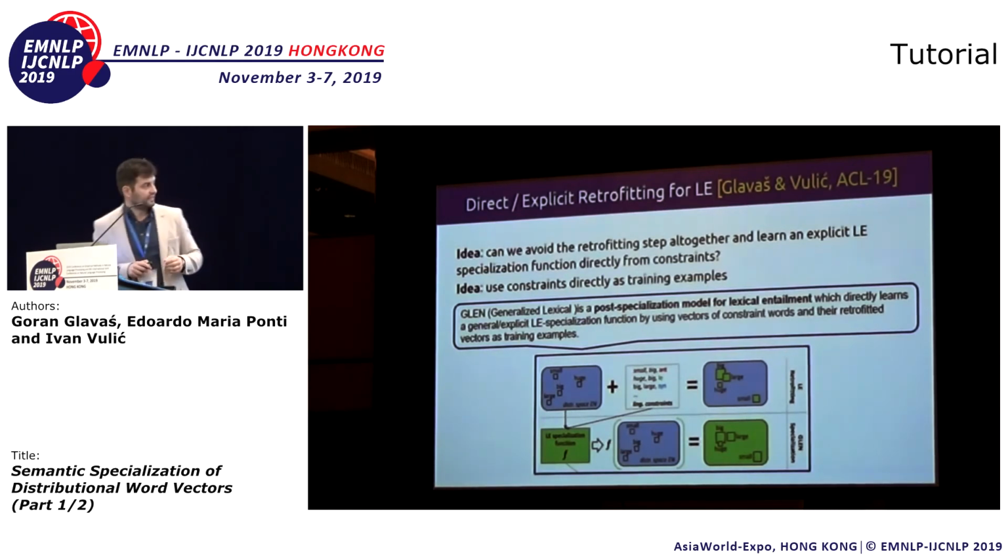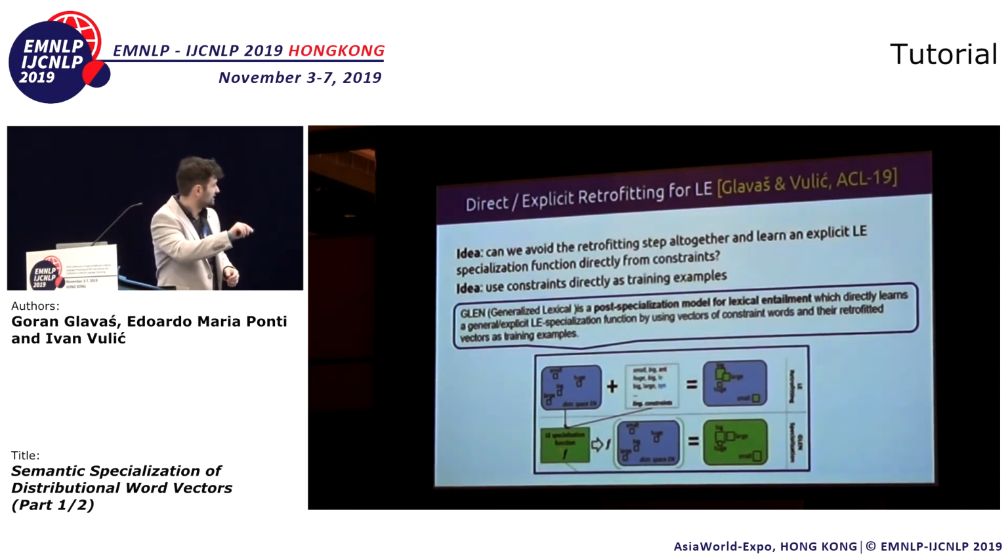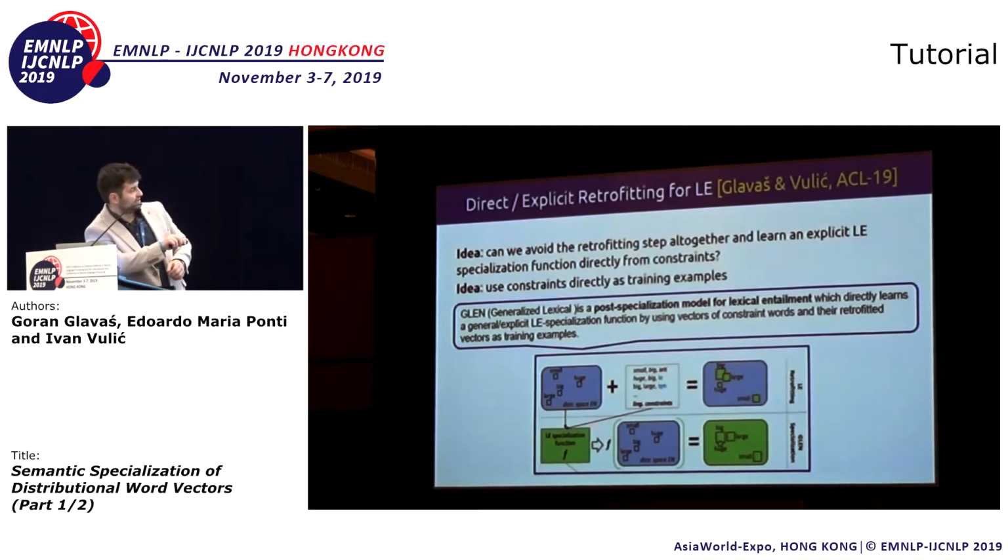So I feed in my distributional space, I feed in my constraints, synonymy, antonymy, lexical entailment constraints, and I get an explicit function. If I capture that explicit function, then I can specialize the entire distributional space with it. Whereas retrofitting basically just specializes the vectors of words that you've seen, but not the rest of it.